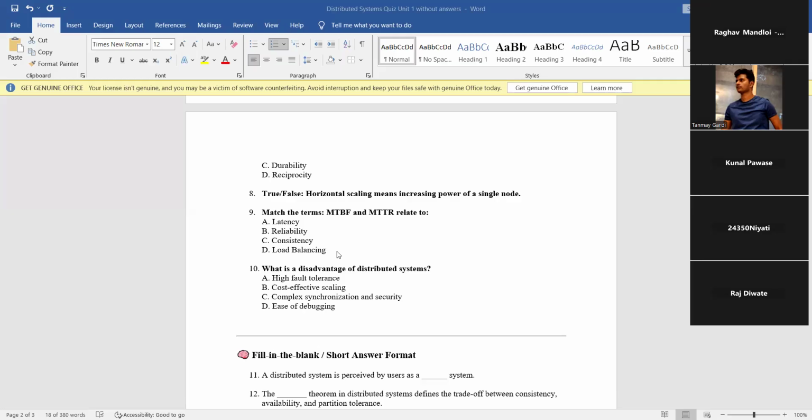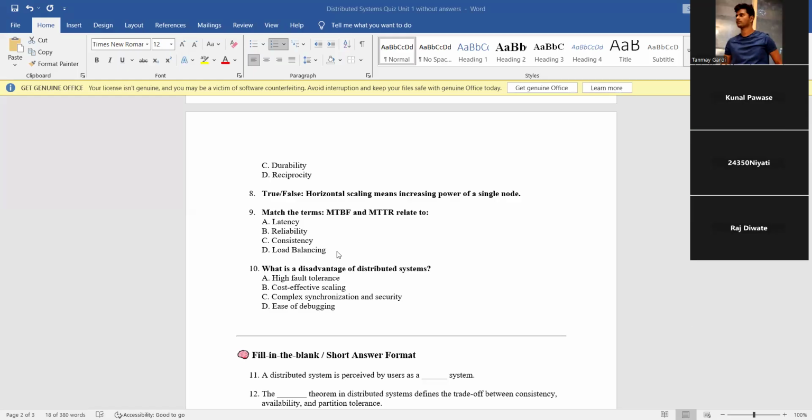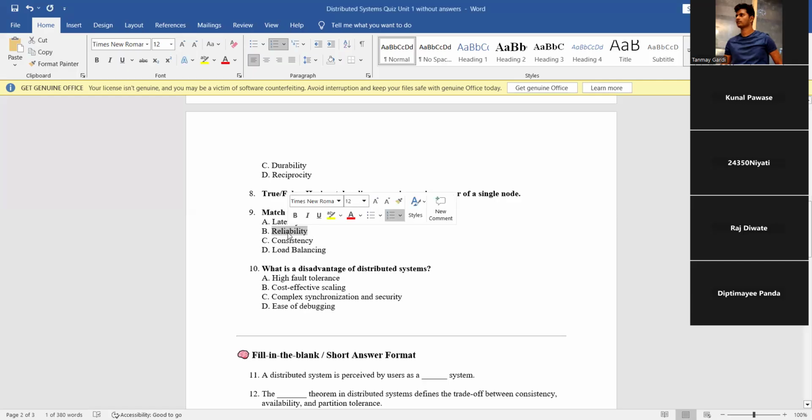And what is MTTR? It is mean time to repair. It measures how quickly the system can be restored after a failure. So these both are called reliability metrics. So the answer is B, reliability.